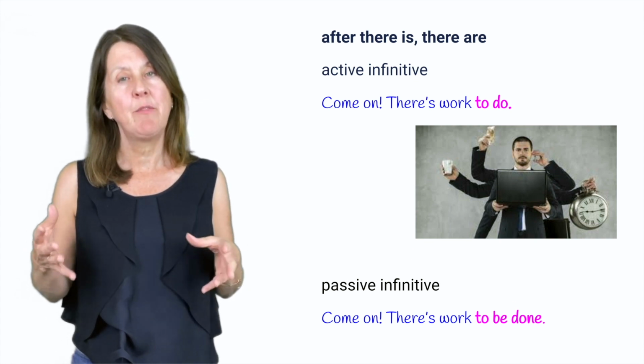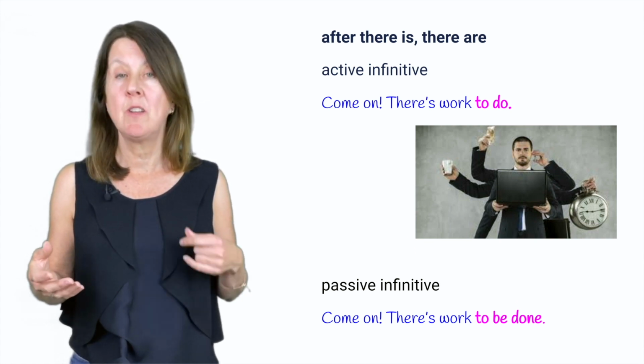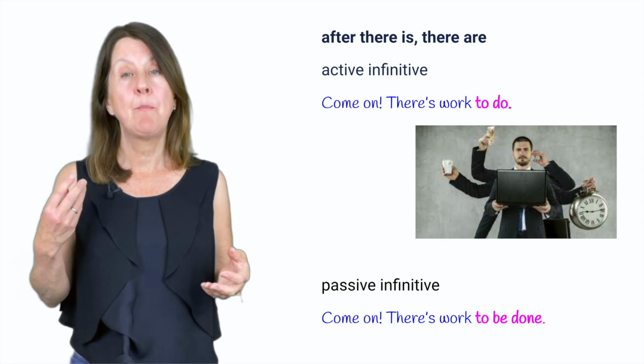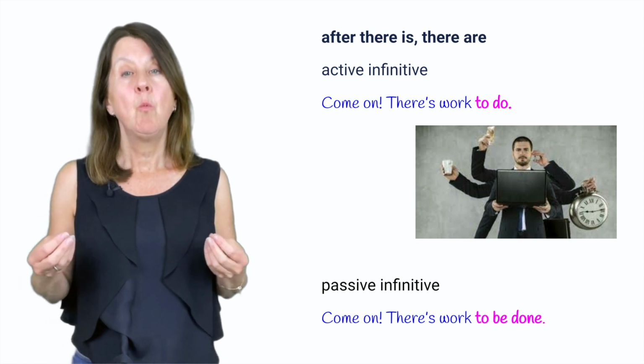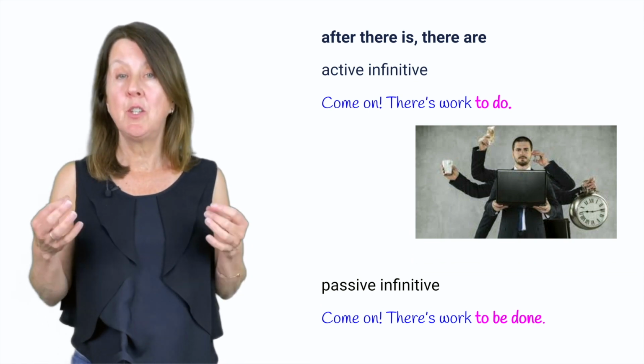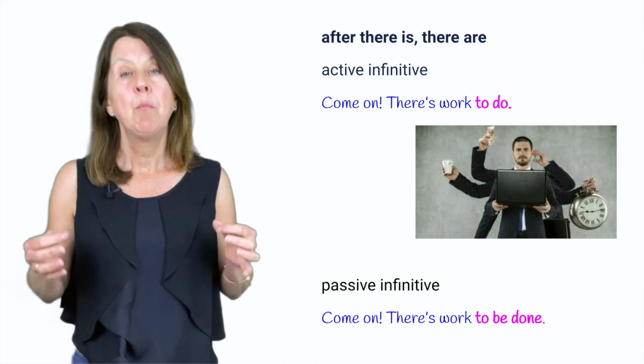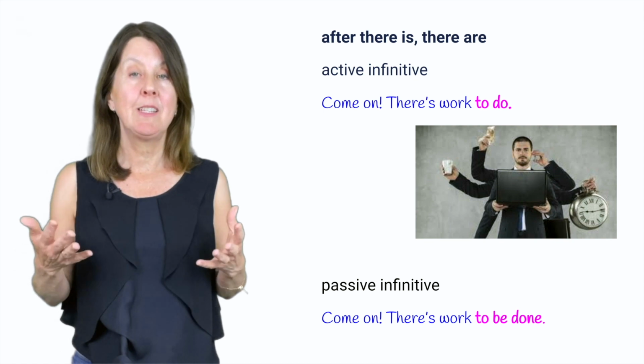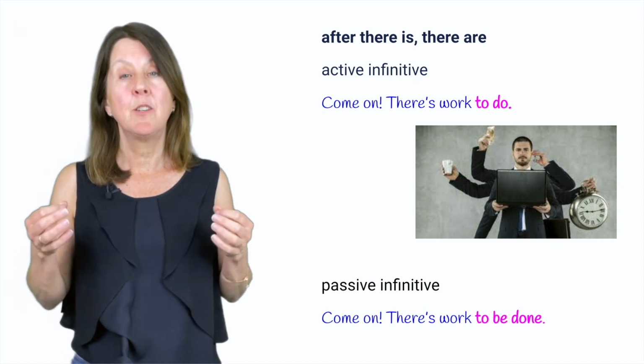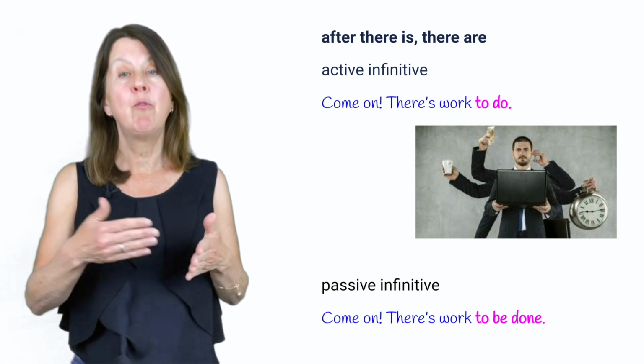So here, what's the difference between the two sentences? One's an active infinitive, one's a passive infinitive. Well, the difference between the two infinitive forms is often very small, but when we use the passive infinitive, we are talking about some form of obligation.